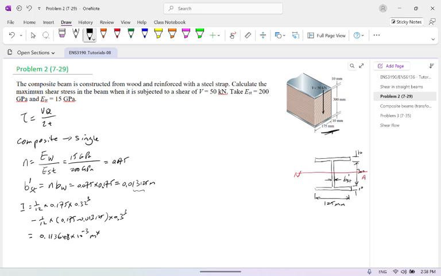So we can work on the I. Then, asking you for the maximum shear stress again. For the maximum shear stress, we should know that we definitely use the neutral axis.